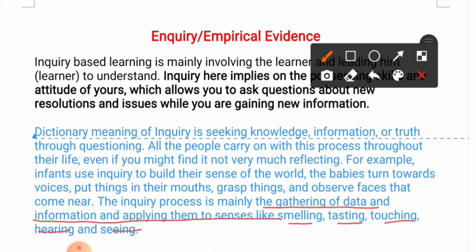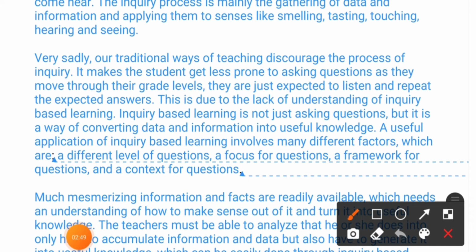But unfortunately, if we look at our traditional ways of teaching, the traditional way of teaching in the past has always discouraged the process of inquiry. It means the children were not allowed to ask questions in a classroom. If they stood up and asked any queries, any questions, the teacher might ask them to sit down, or maybe the proper answer might not have been given to the child, right?